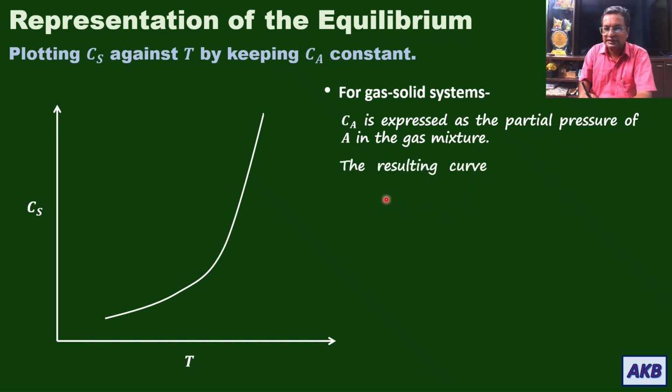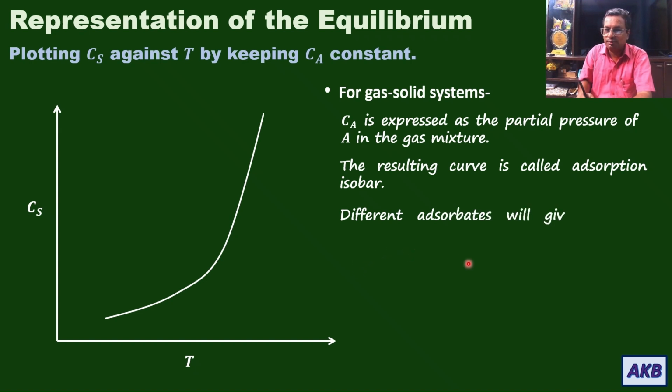So if you plot Cs against T at constant partial pressure of the adsorbate, you'll be getting a curve, and you can call this curve adsorption isobar because this is plotted at constant pressure.